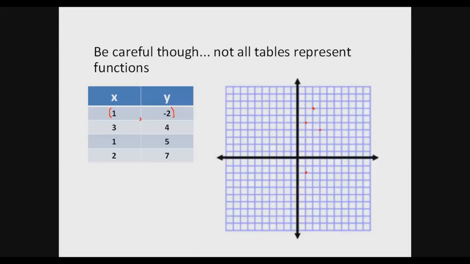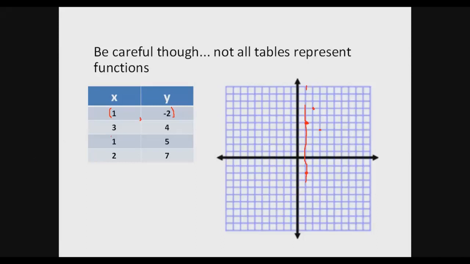If I were to draw a vertical line right down here, and my line isn't perfectly vertical, but if you could imagine a vertical line right down this blue line, it would cross this point here, 1, 5, and this point here, 1, minus 2.